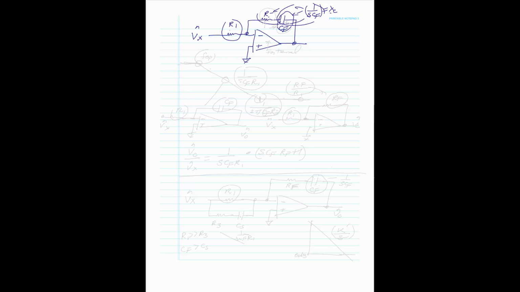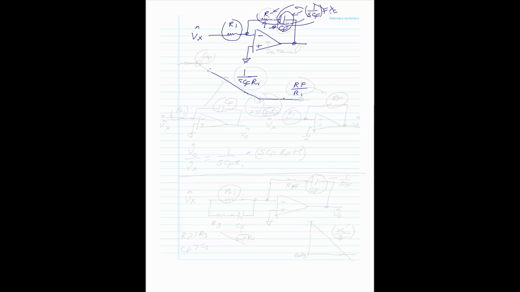So what we have is a curve that looks like this, which is 1 over S CF R1. And that's your gain. That's what's called an integrator. It pulls it down. Then all of a sudden, when this capacitor reactance is equal to RF, it stops going up. And the gain here then is RF over R1.